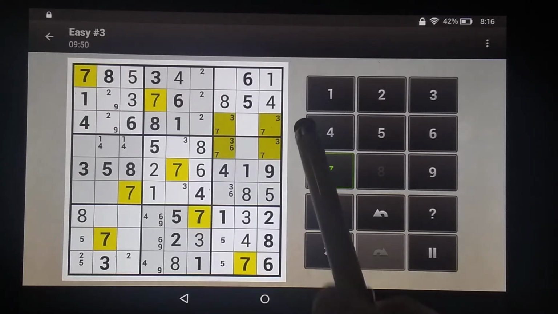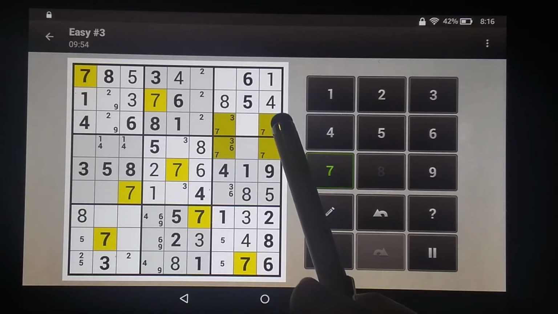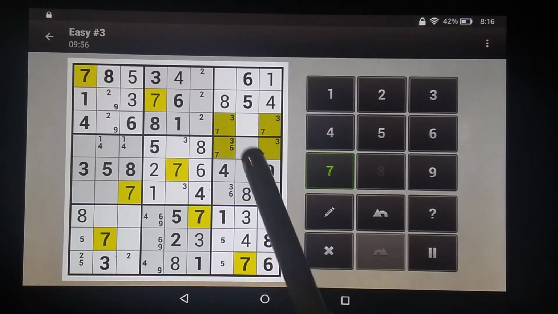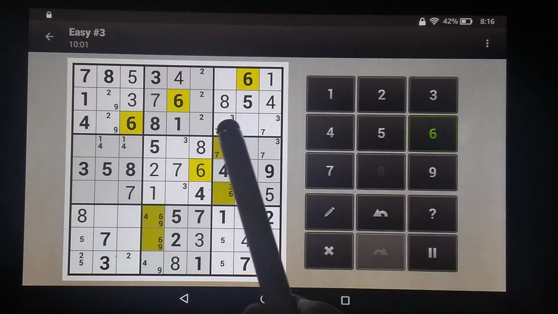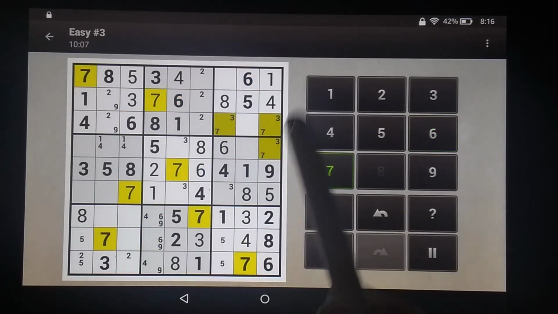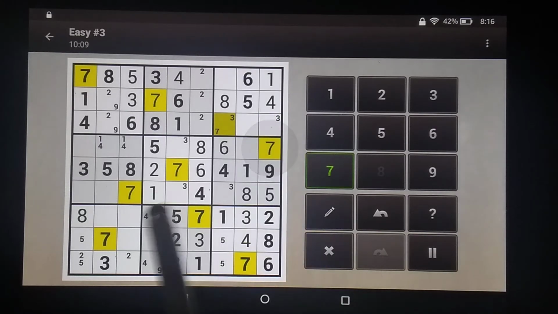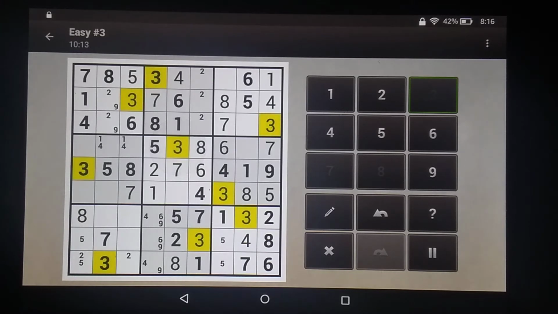We know that these can't all be 7-3. Well, we know that this has to be 7-3, and this has to be 7-3, and this has to be 7-3. So guess what? This one can't be the 7 or the 3. It's got to be the 6. So that will come into play much more later, but what that does is that forces us to know all of these answers now.